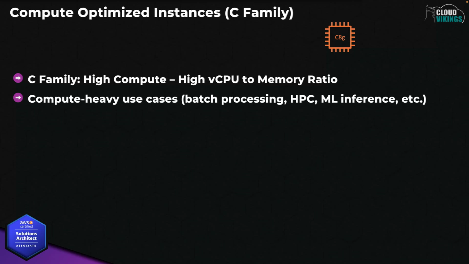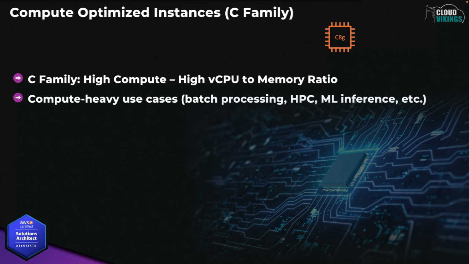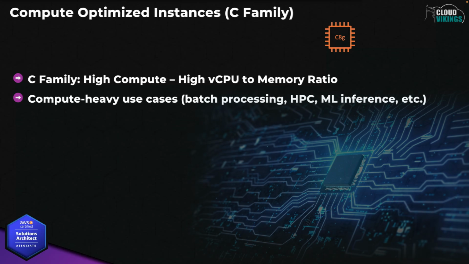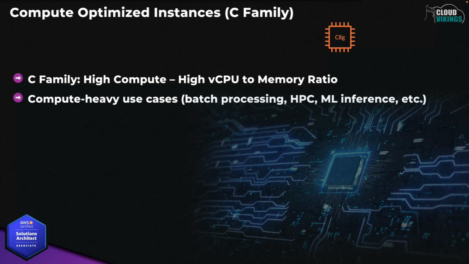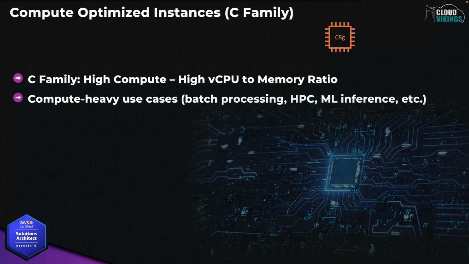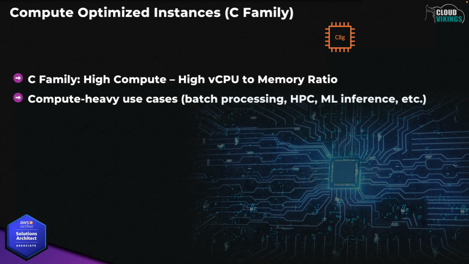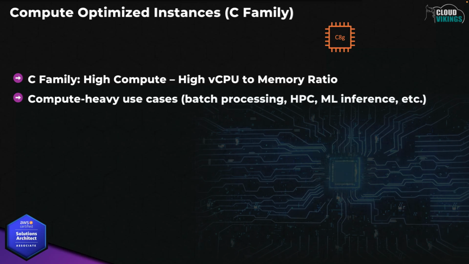Compute optimized instances also shine in use cases where CPU is doing the bulk of the work. Examples here could include batch processing jobs like processing large data sets or media transcoding. They're also great for high-performance computing or HPC tasks like scientific simulations or genomic processing, video encoding, ad serving engines, even types of gaming servers with lots of physics or logic calculations.